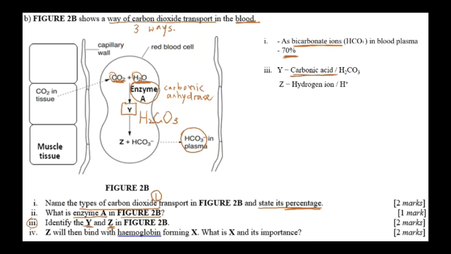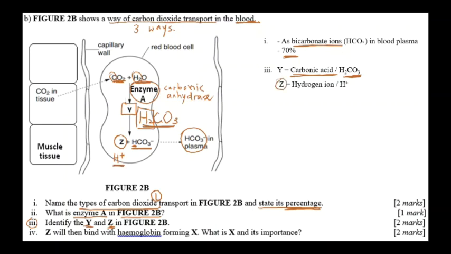So in the exam, you can either write H2CO3 or carbonic acid. And this carbonic acid, it is a weak acid. That's why it will dissociate into bicarbonate ions as well as Z, which in this case, H+. Because 2H, now this 1H is in the bicarbonate ion, so another one is the hydrogen ion.